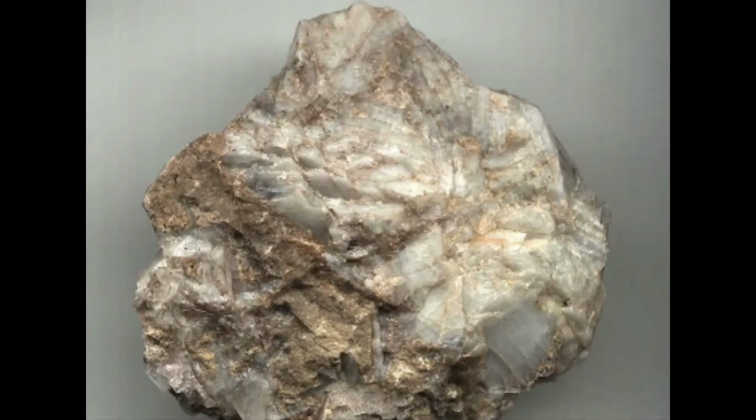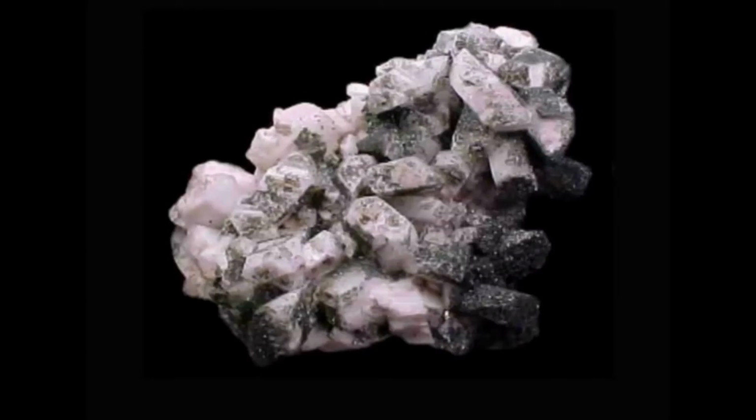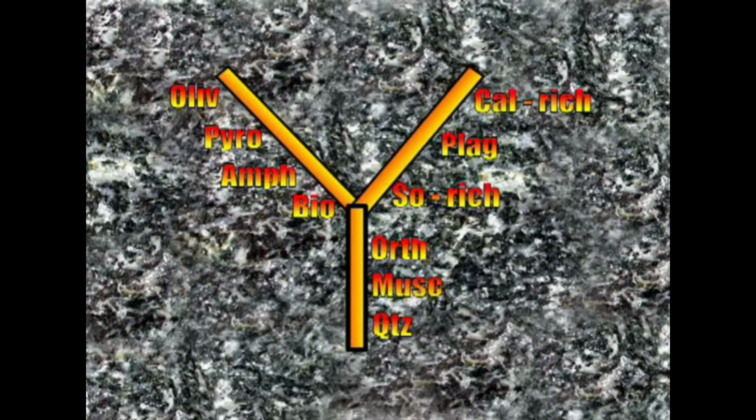The calcic plagioclase is at the top, and at the bottom is the sodic plagioclase. Basically, the pure calcic plagioclase is anorthite, and pure sodic plagioclase is albite, and they have a solid solution series with different calcium-sodium ratios, giving rise to oligoclase, andesine, labradorite, bytownite and other members.